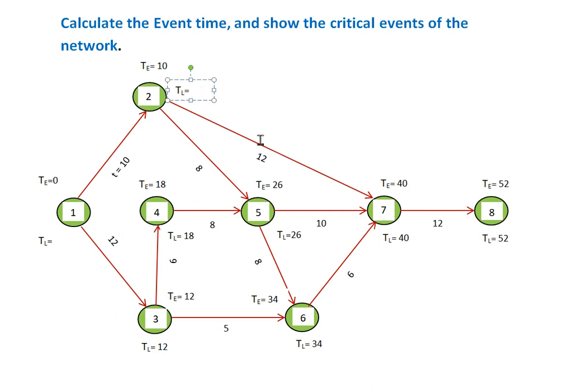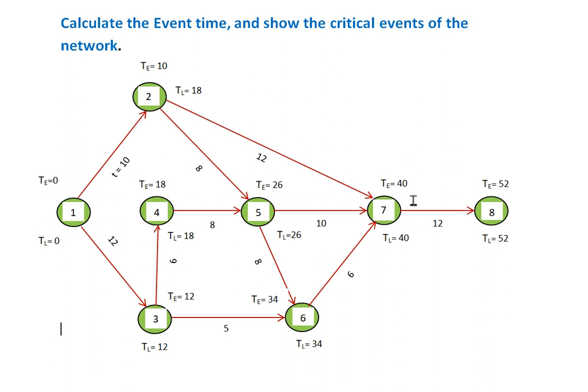So one will be 28 and one will be 18, so we write the smaller one, that is 18. For event 1 also there will be 2 TL values. One will be 18 minus 10, that is 8, and another one will be 12 minus 12, 0. So here we write the smaller one, that is 0. That's how the TL will be calculated.